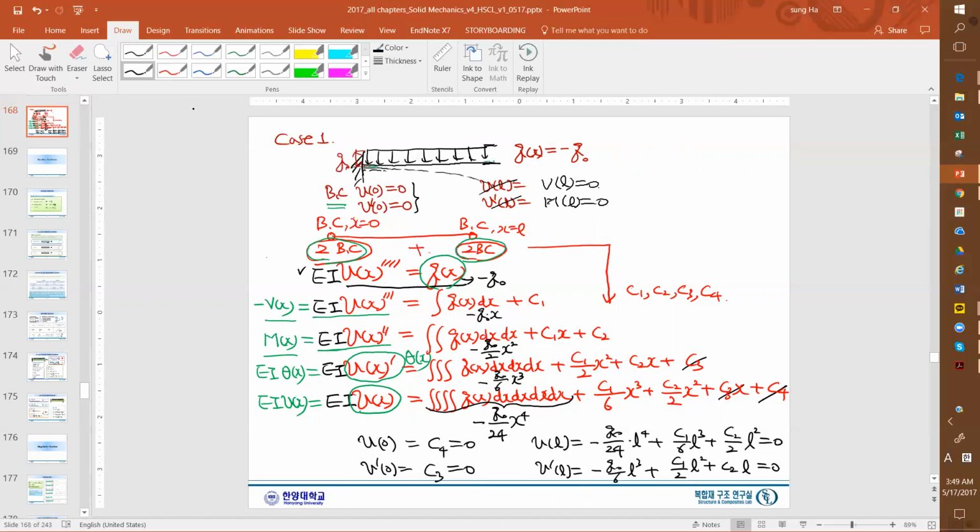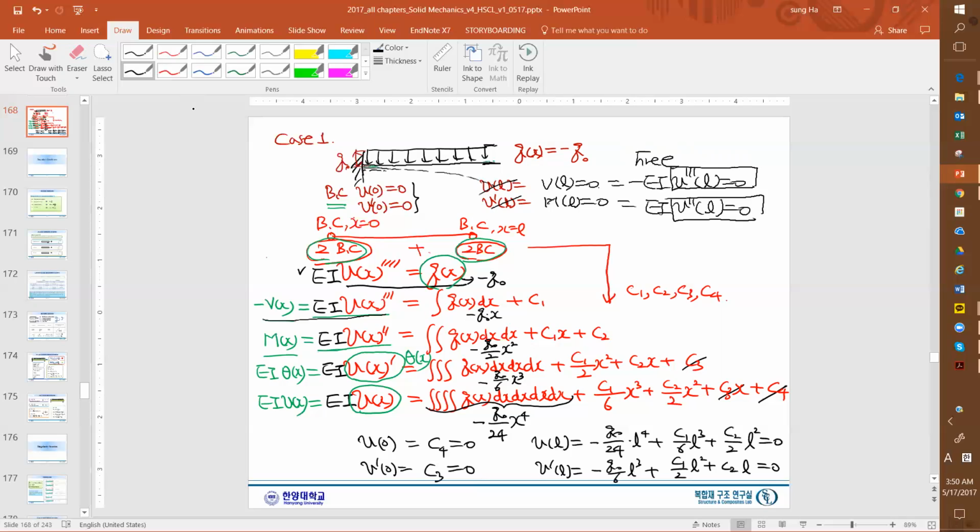As we know, the shear force V is given as minus EI times the third derivative at x equals L equals 0, and moment equals 0 means EI times the second derivative at x equals L equals 0. So we can say that the third derivative equals 0 and the second derivative will be 0 at the free condition.